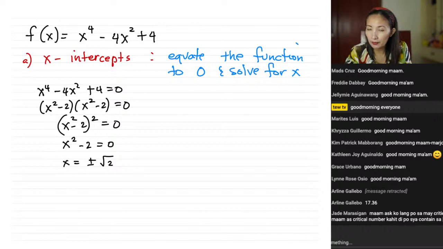So we have positive, negative square root of 2. These are our x-intercepts. Take note, these are not critical numbers yet.